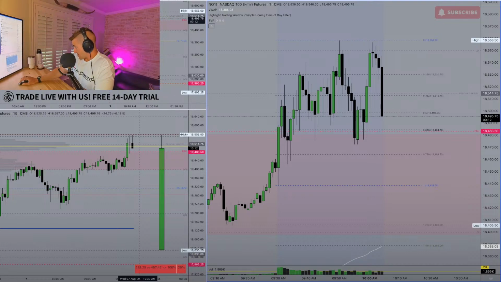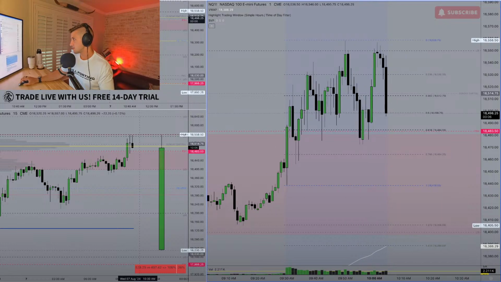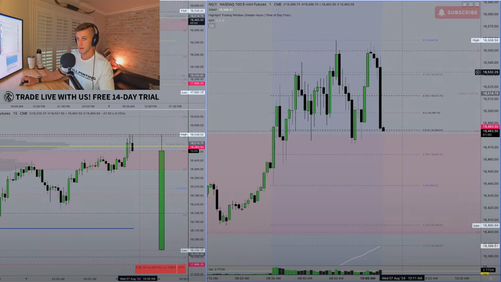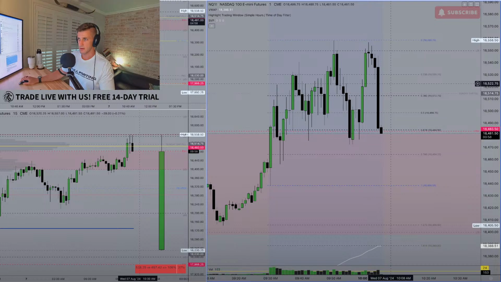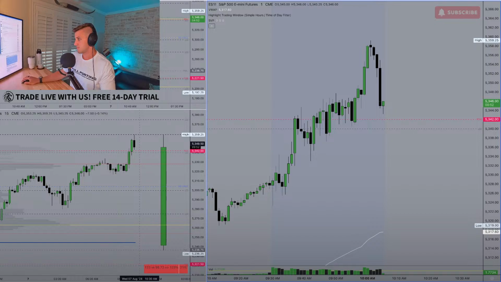Willing to give back some of those open profits for more upside, but did not materialize. So that's how it goes. Yeah, 10 a.m. reversal time panning out right now. Back in a prior day high. Pretty strong move there. Let's see. ES back in a prior day high as well.